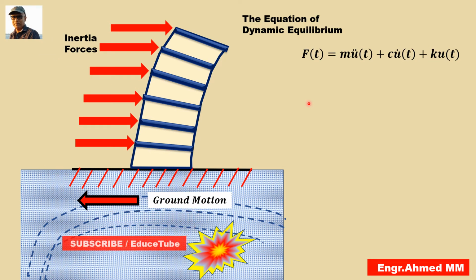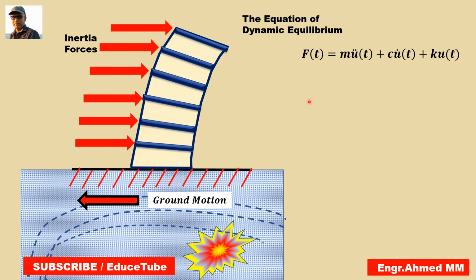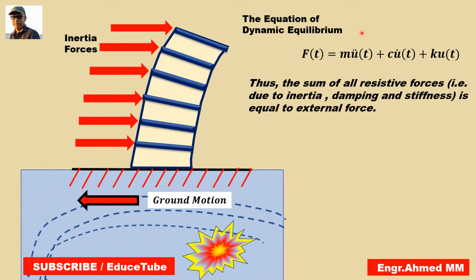Now we can bring some conclusion. It is like the sum of all resistive forces. So what are those resistive forces? It is due to inertia, damping and stiffness, equal to external forces.